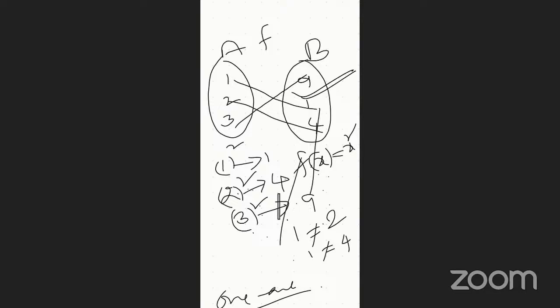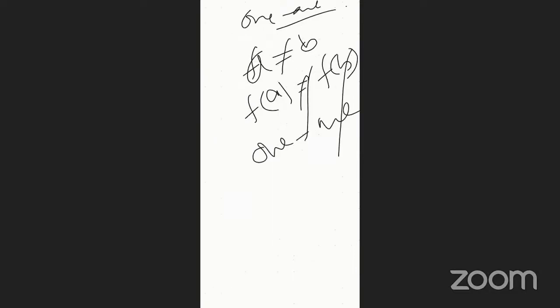And one more thing, onto. Onto means every element in B, the codomain, has a pre-image. See the previous one, 1, 2, 3 and next 4, 1, 9.